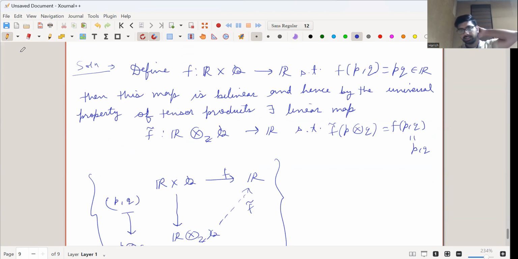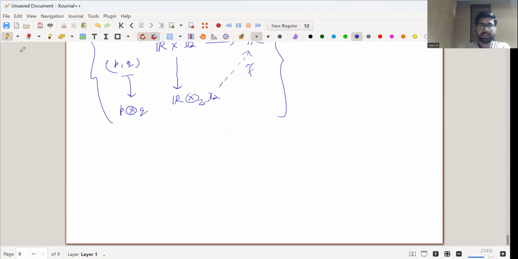So first thing is done, the linear thing is done, and we just need to check the onto part and the injective part. So the onto part is again easy. Onto is just, for all real numbers, say x belongs to R, there exists x tensor 1.